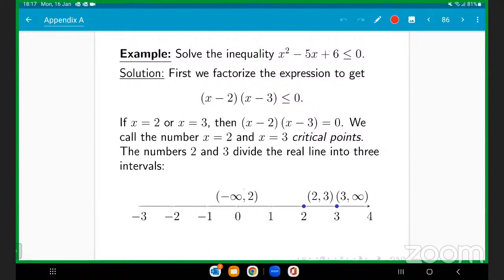We're going to split up the real numbers into firstly the interval minus infinity to 2, then 2 to 3, and 3 to infinity. And that's important as we'll fill that as information in our table. So let's look at how this is done. But also keep in mind, we are looking for all x values such that this quadratic expression is less or equal to 0.